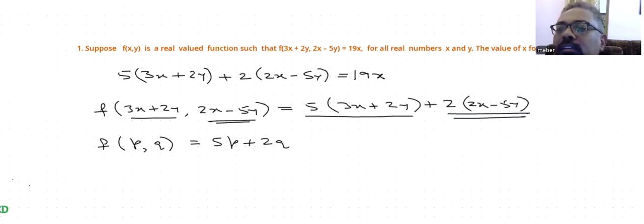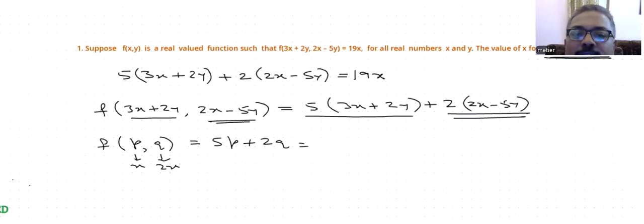Now come to the solution part, the question part. Sorry. What do they ask for? They ask for f(x, 2x) is 27. Means this p will be replaced by x and q will be replaced by 2x. So it will be coming as 5 into x, 5x, and 2 into 2x, means 4x.